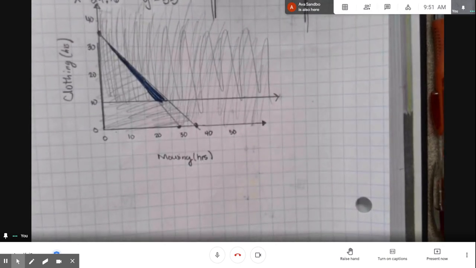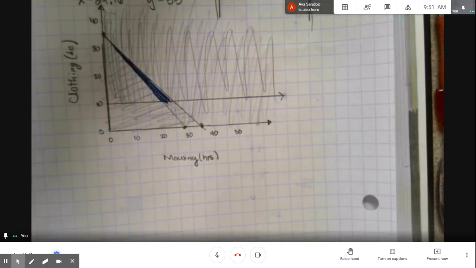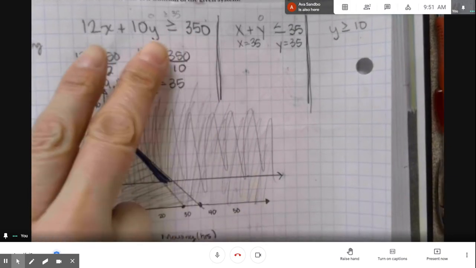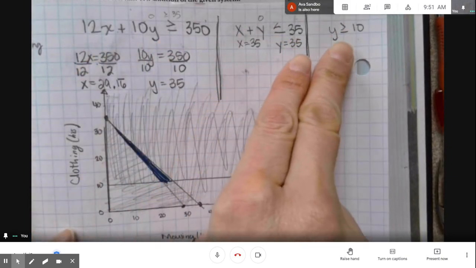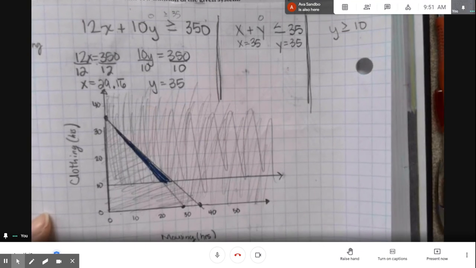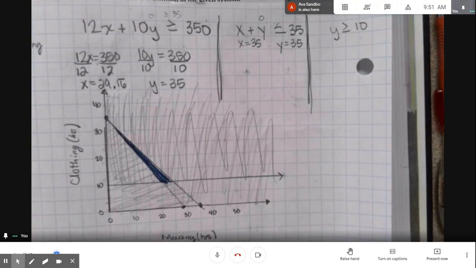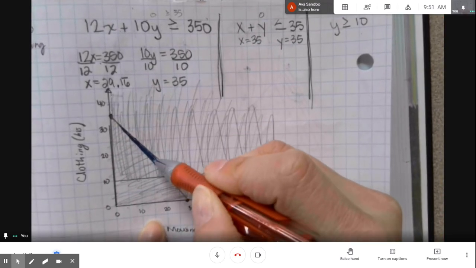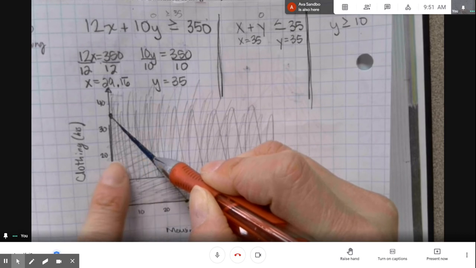And if I was asked, what are 3 possible solutions to this, I could pick numbers that mathematically fit all 3 of these. But that would be kind of clunky and take me a while to figure out. I could also go in here and be like, all right, 15, 18.